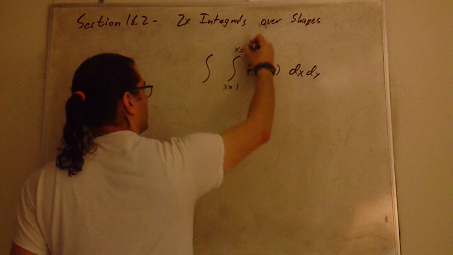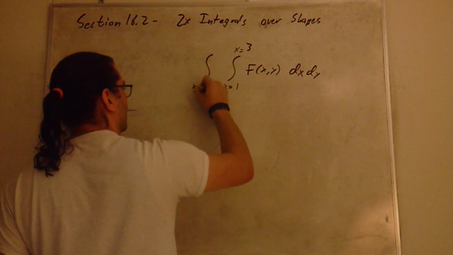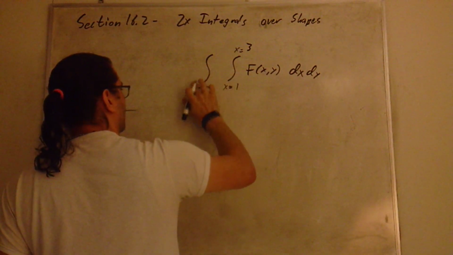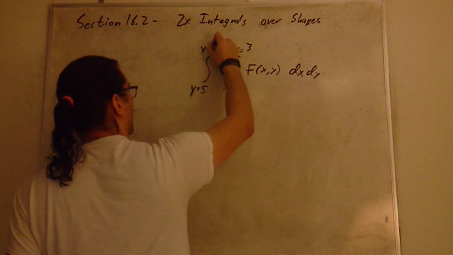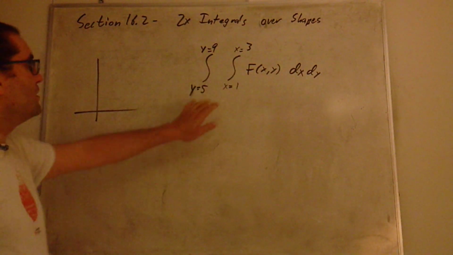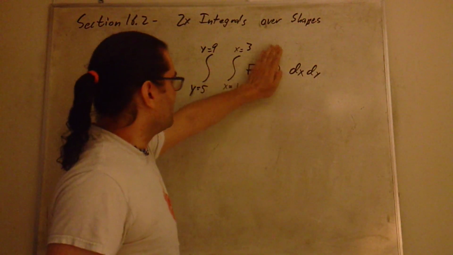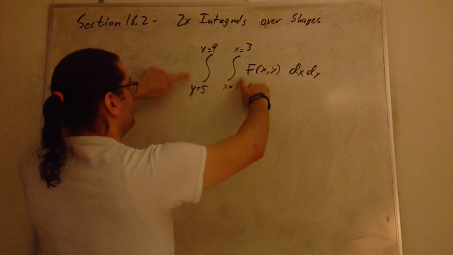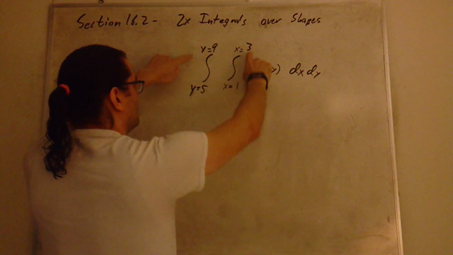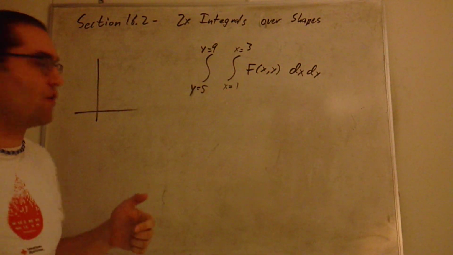If we wanted x to go from 1 to 3 and y from 5 to 9, it doesn't matter what the function is. These bounds will always define a rectangle.